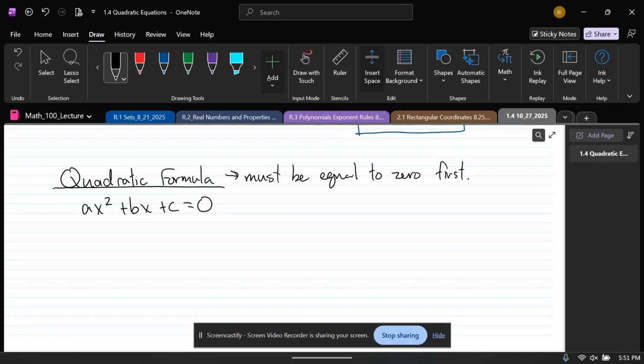It needs to be in descending order, just like if you were going to factor it. The quadratic formula is as follows: x equals negative b plus or minus the square root of b squared minus 4ac, all divided by 2a.